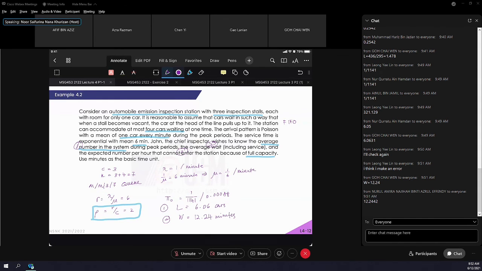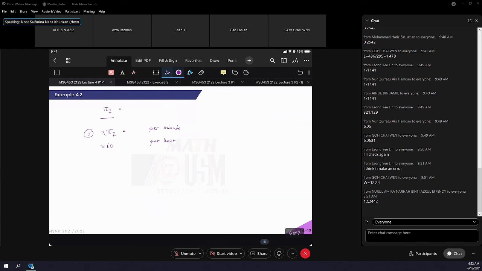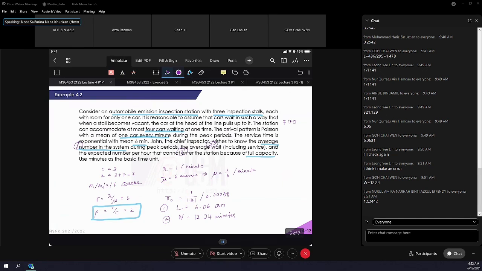Next, lambda times pi 7, where we want to find the expected number per hour that cannot enter the station because of full capacity.